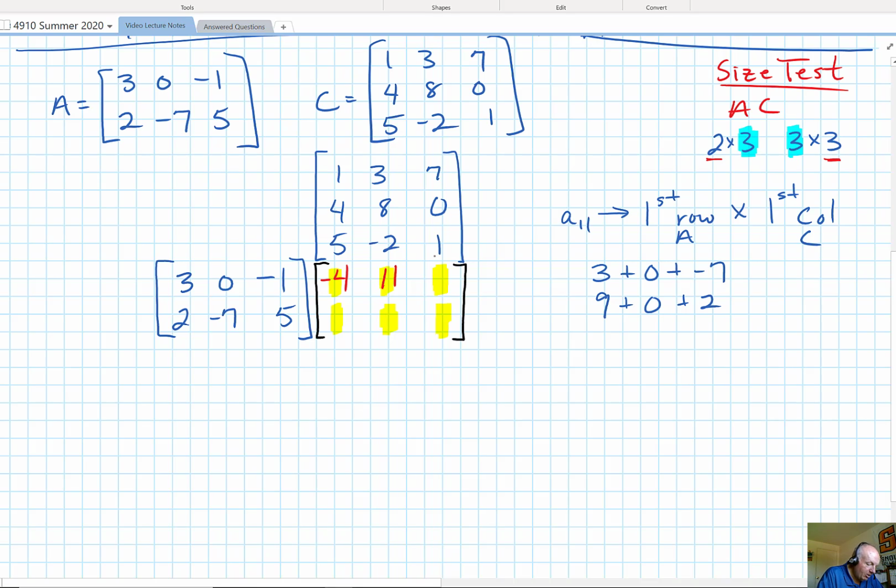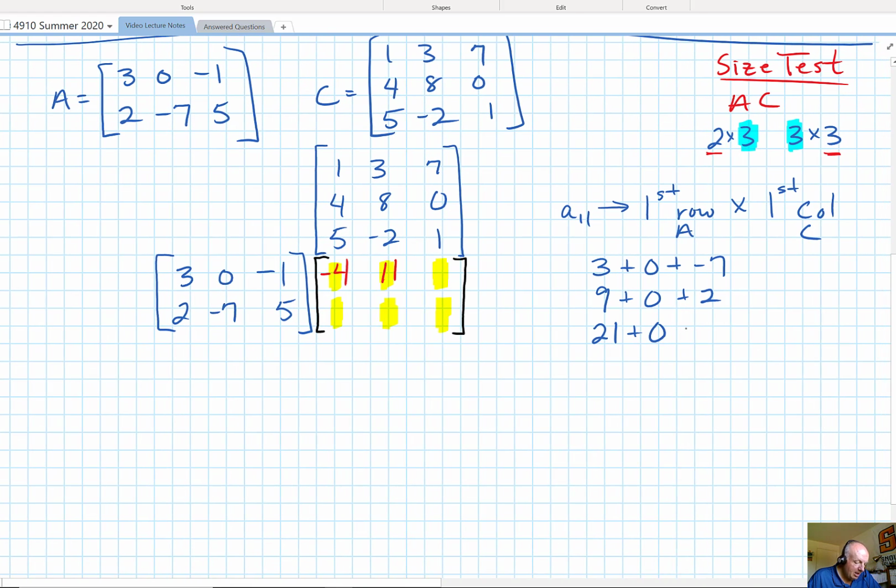Let's move to this entry, which is going to be this row and this column. See how they intersect? And so when we do that, first times first is 3 times 7 is 21, 0 times 0 is 0, -1 times 1 is a -1, so that becomes a 20.